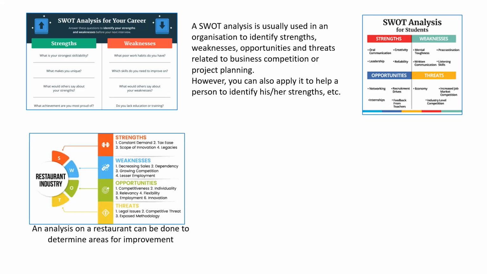In the restaurant industry, you can do an analysis to determine areas for improvement, what ideas they can look at, and be aware of certain threats that could be a problem for them. There could be many legal issues in the restaurant industry.